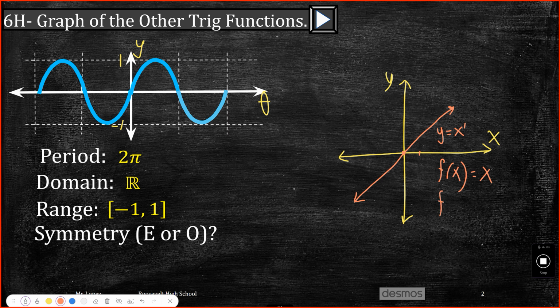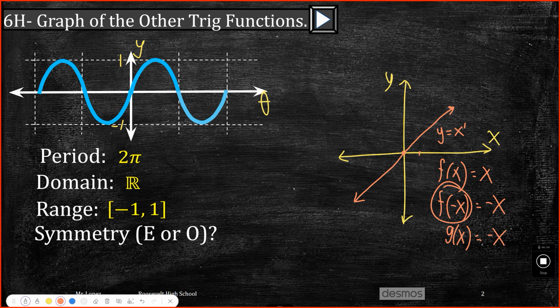So for every x, I put in negative x. That x becomes negative x. Let's call it a new function, g of x, which is negative x.